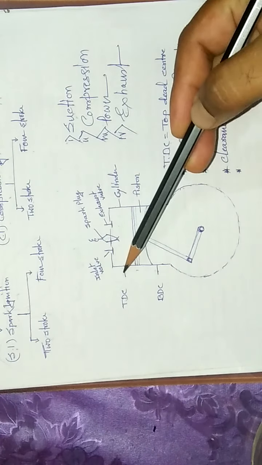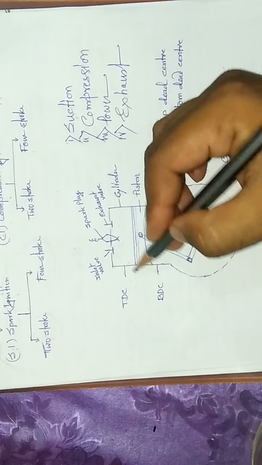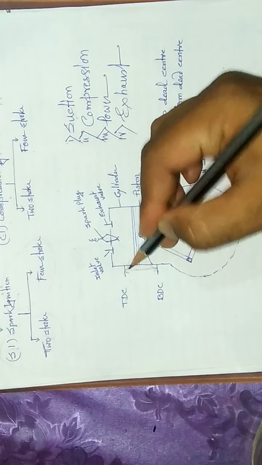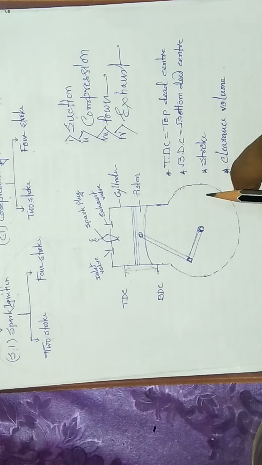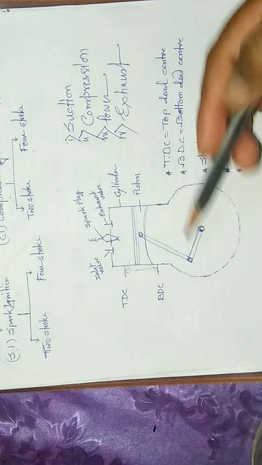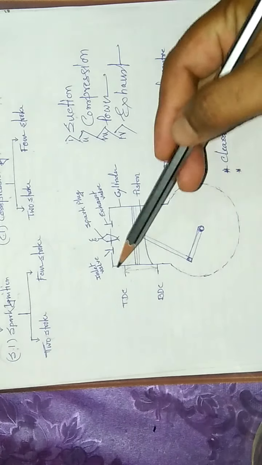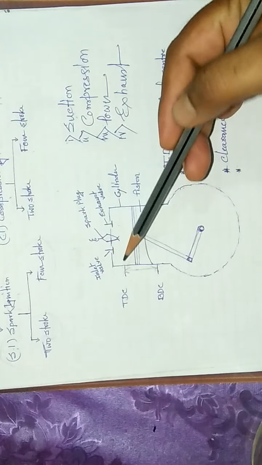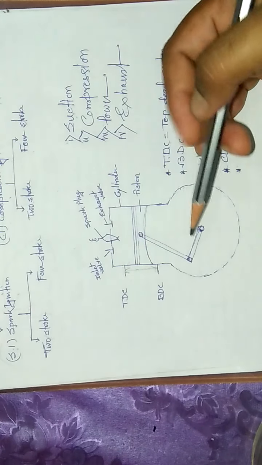Now the distance between TDC and BDC is called the stroke length. If the piston moves from TDC to BDC or BDC to TDC, it is known as one stroke.